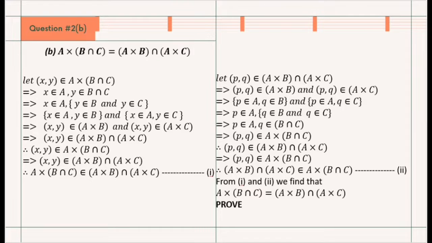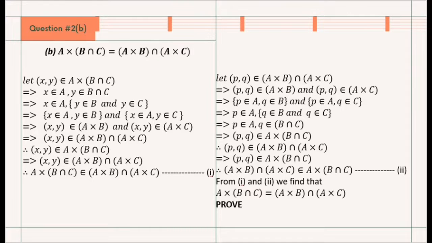Now x belongs to A and x belongs to B, therefore x belongs to A intersection B. Therefore, ordered pair (x, y) belongs to (A cross B) intersection (A cross C). So we prove ordered pair (x, y) belonging to A cross (B intersection C) implies that ordered pair (x, y) belongs to (A cross B) intersection (A cross C).